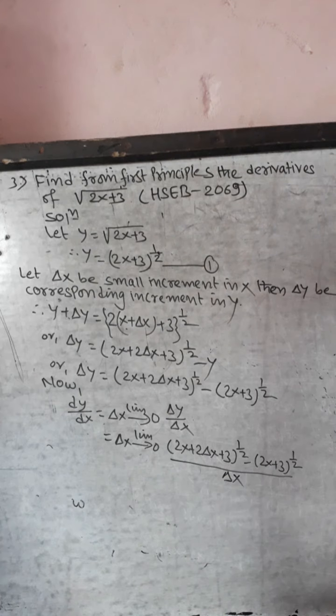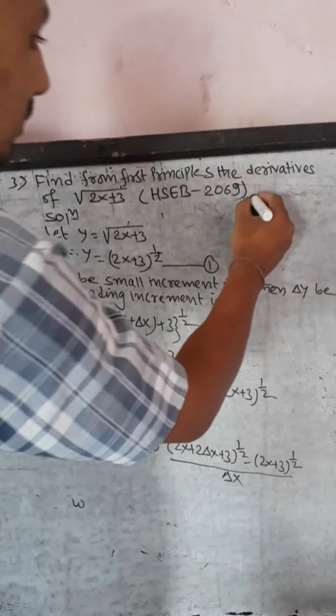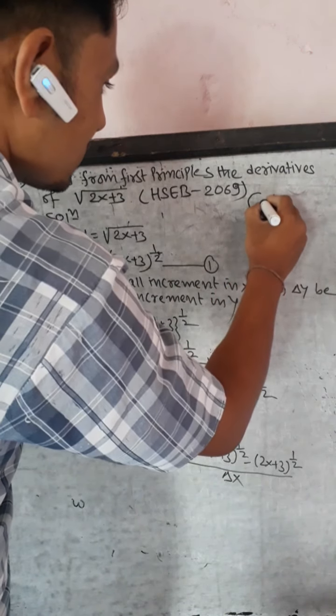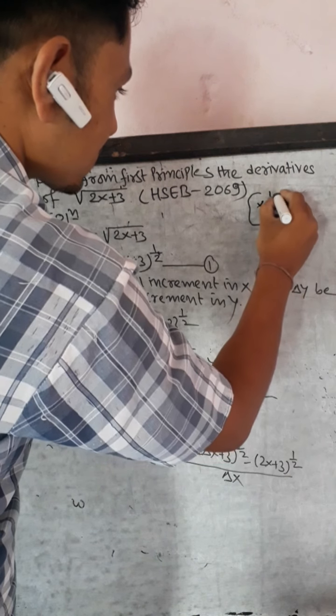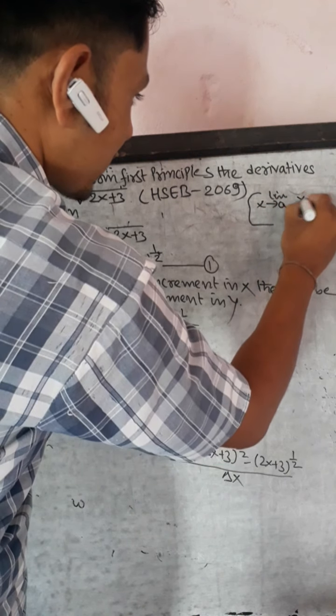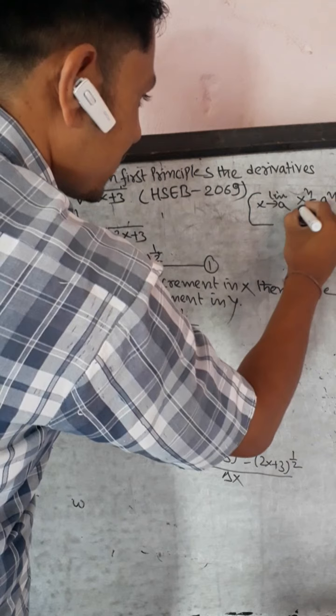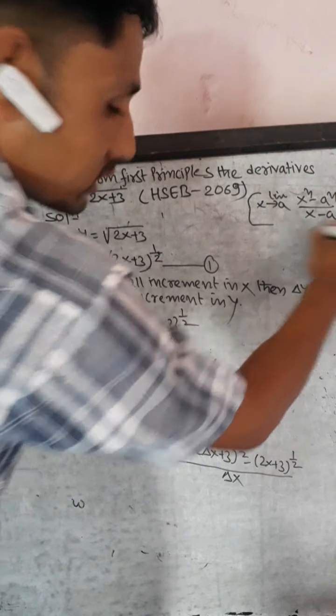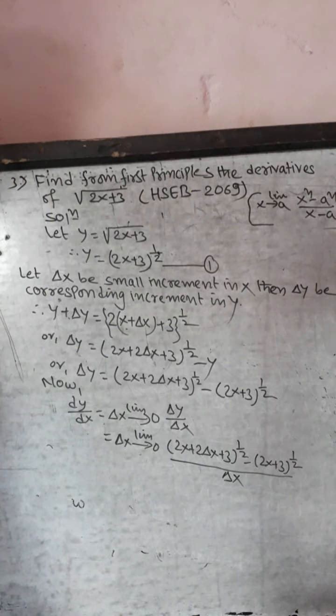Now again you have to take it in the form which you have done in the previous sum, that is limit x tends to a, x to the power n minus a to the power n by x minus a. You have to take this one in this form.